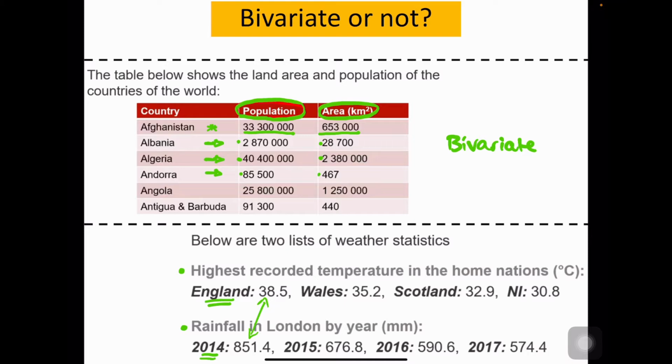And so they're not being paired up by the same country, as you can see here, for example. These data points don't both represent the same thing. And so this is not an example of bivariate data. There are 2 variables, however, they're not being paired up.